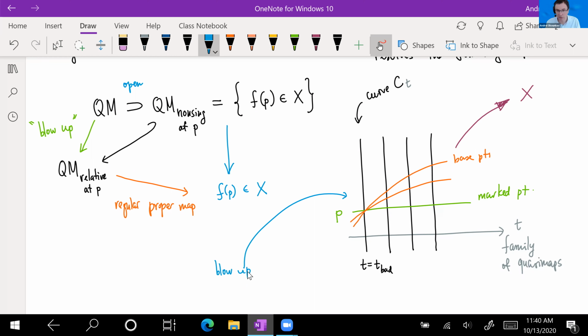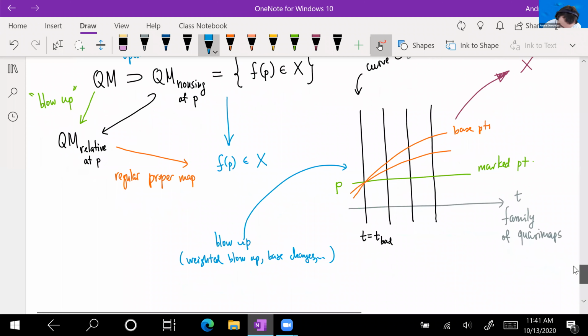Or more generally, you do some kind of semi-stable reduction, so maybe you take some weighted blow-ups, base changes, etc. These are details.